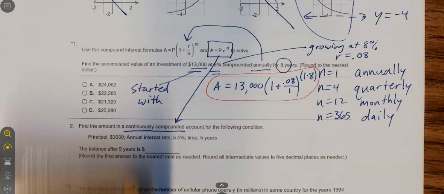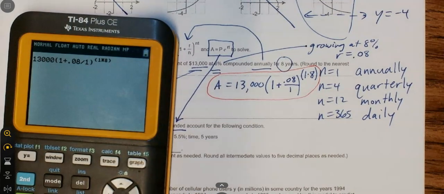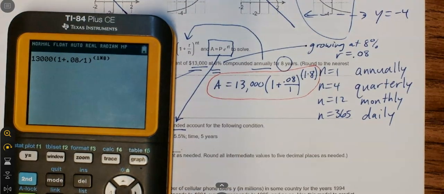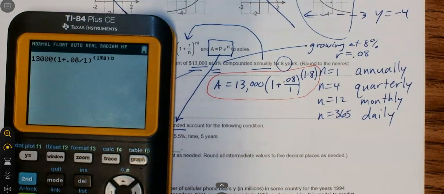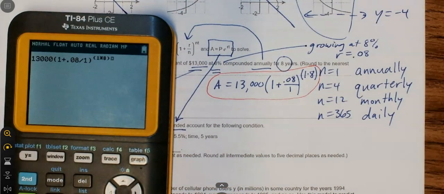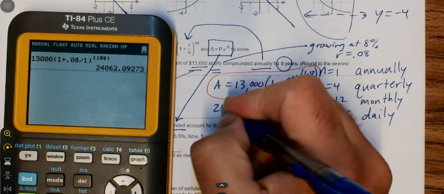If you're at all in doubt, you can literally let the calculator do all the work. Should get over 24,000. $24,600.